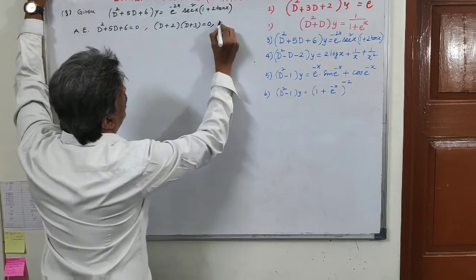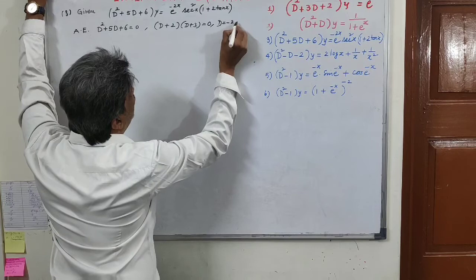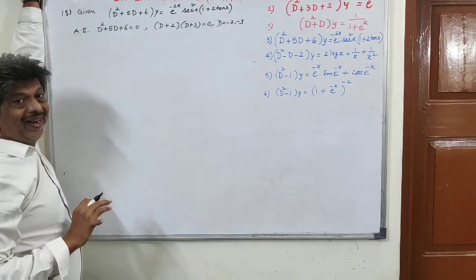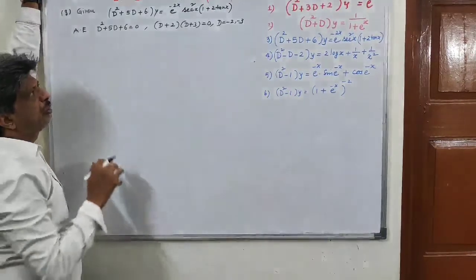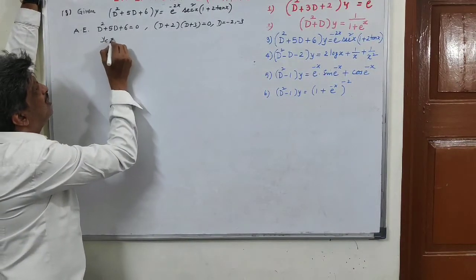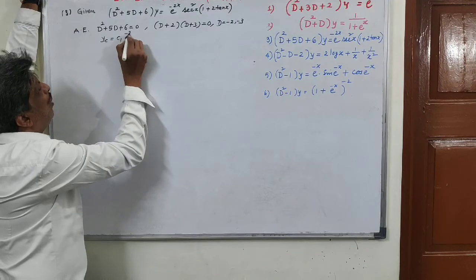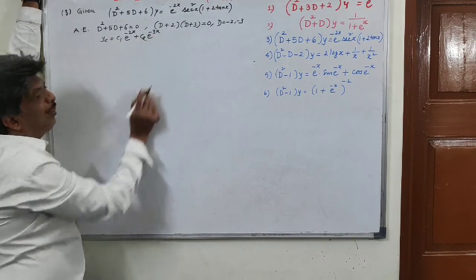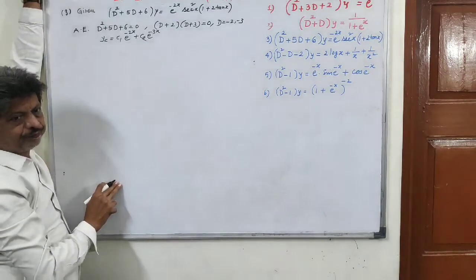That gives me d is equal to minus 2 and minus 3. These two real distinct roots give me yc as c1 e raised to power minus 2x plus c2 into e raised to power minus 3x.